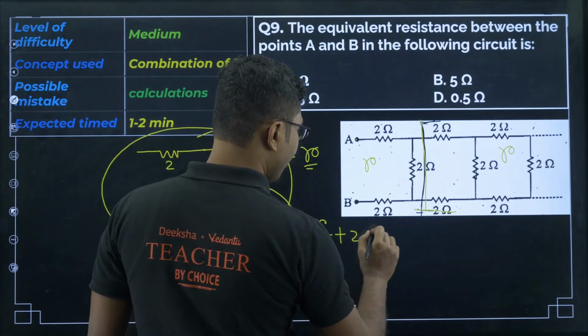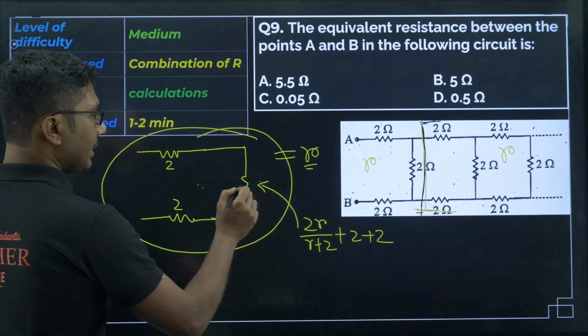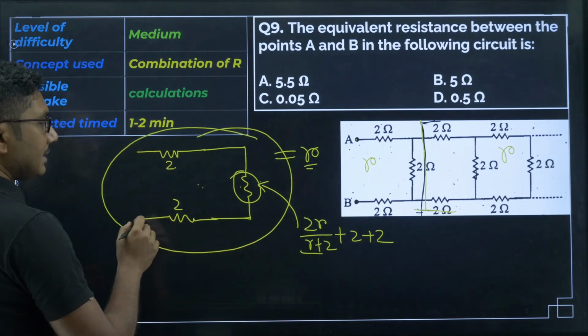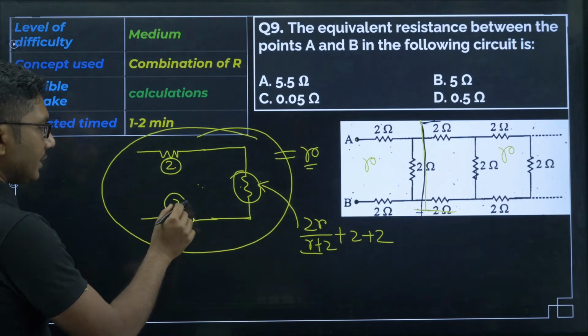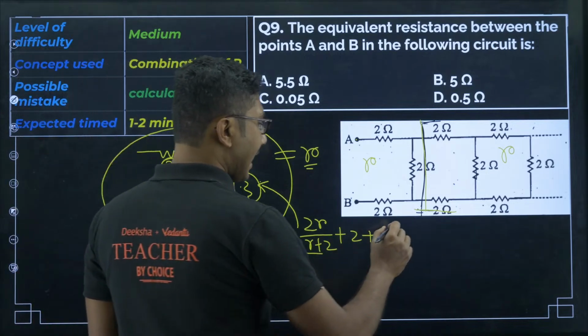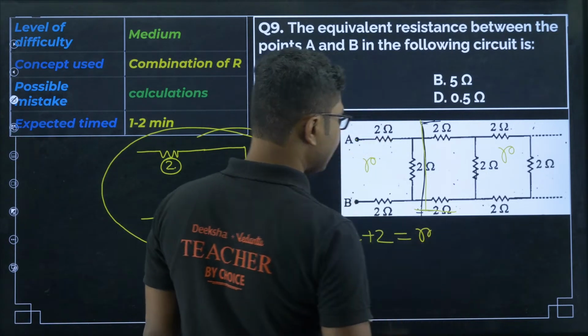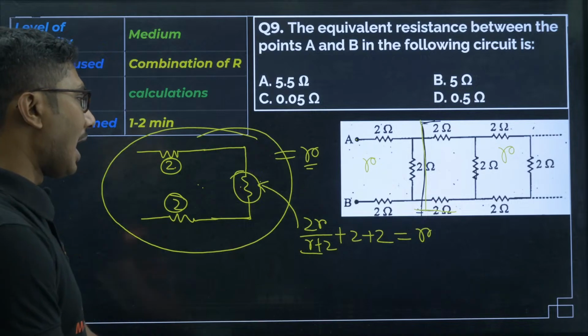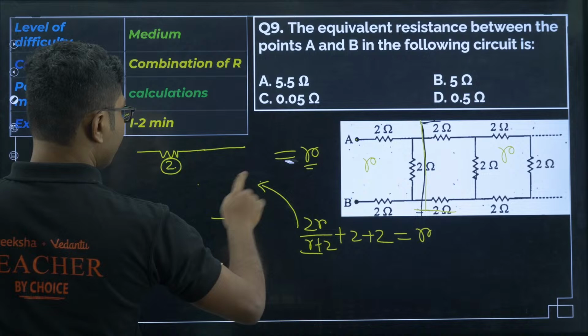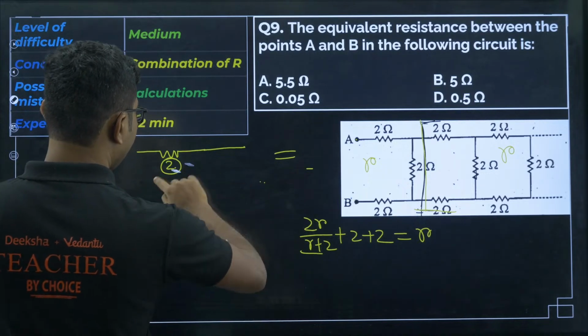This plus 2 plus 2, right? We have another 2 ohm resistance connected in series. This one is also in series. All three are in series. So this is the total resistance, and as we have assumed, this total resistance should be equal to R. Now we have to simply solve it. So how to solve it? I need some space, so I am erasing this.